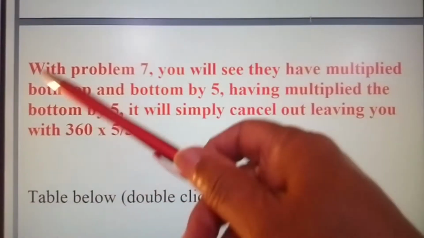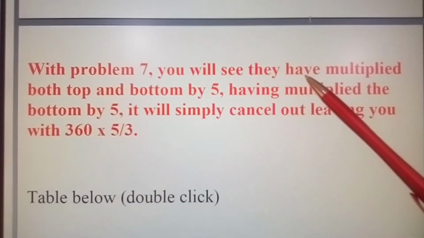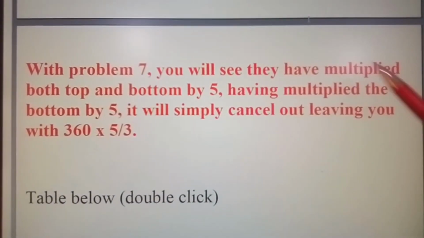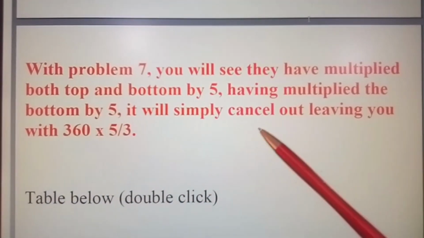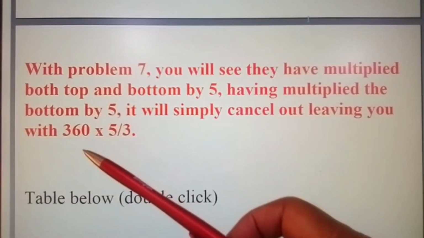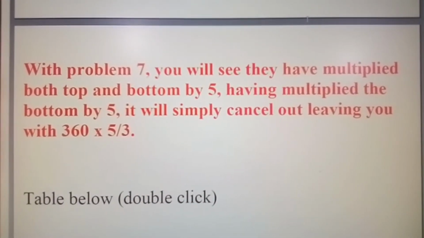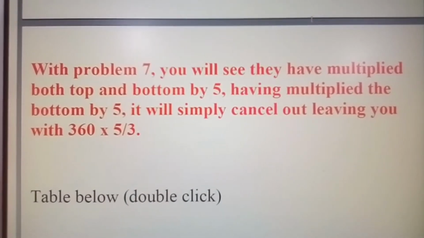Now, with problem 7, you will see they have multiplied both top and bottom by 5. Having multiplied the bottom by 5, it will simply cancel out, leaving you with 360 times 5 over 3. That is only to show you how it was done.